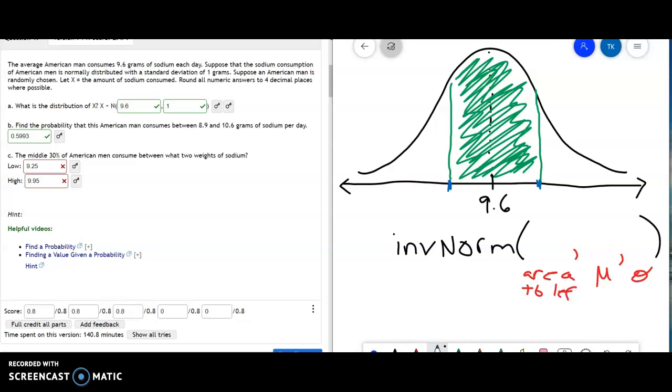Okay, now what do we know? We know this green area is 30%. We also know that this curve is symmetrical; you should be able to fold it in half on that dotted line and everything should line up. And we know the total area under the curve is 100%, in other words, 1. So if the middle bit is 0.3, the part unaccounted for is 0.7.